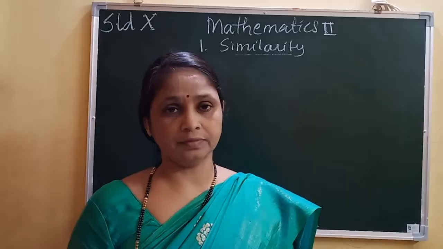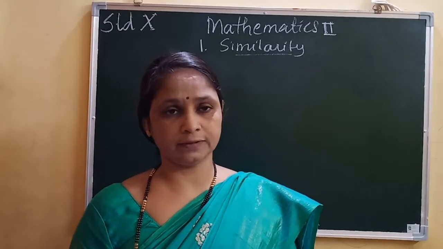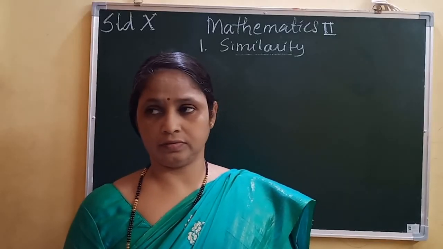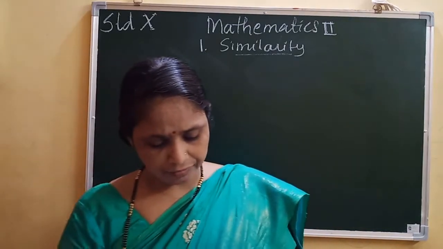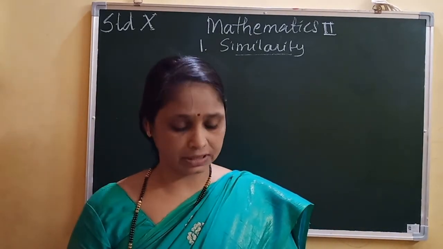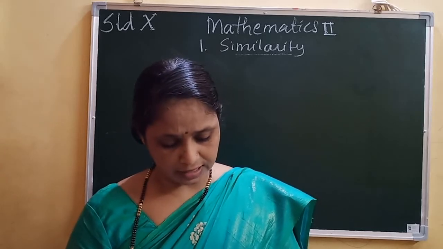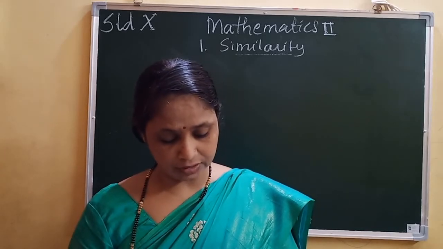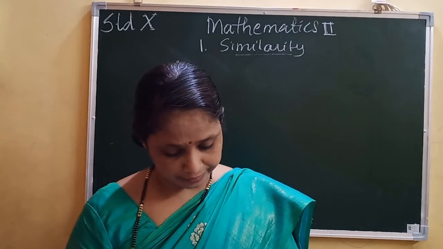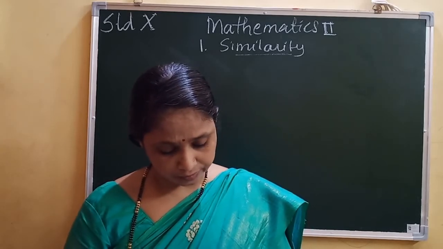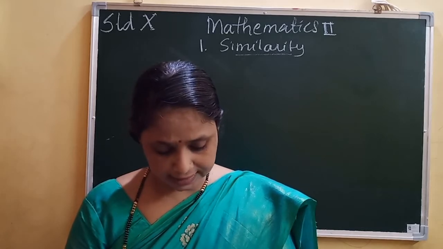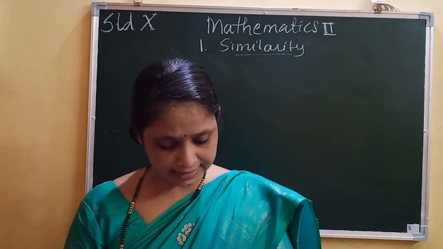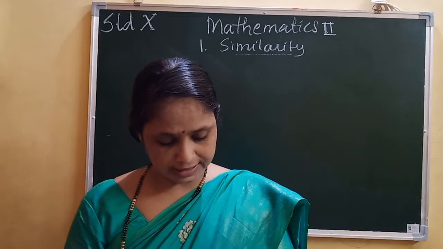Okay. See, practice set based on this test. Practice set 1.3. First one, see, in the figure, the measure of angle ABC is given as 75 degrees and the measure of angle EDC is given as 75 degrees. Now what do you want to find out? State which two triangles are similar and by which test they are similar.